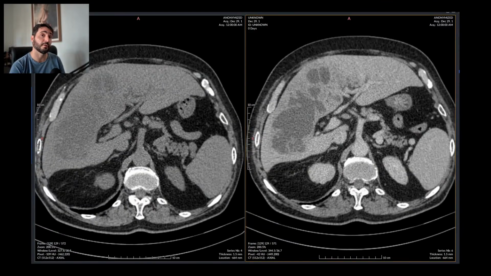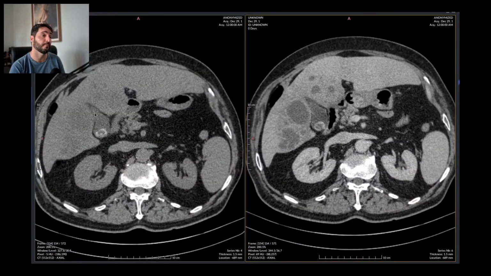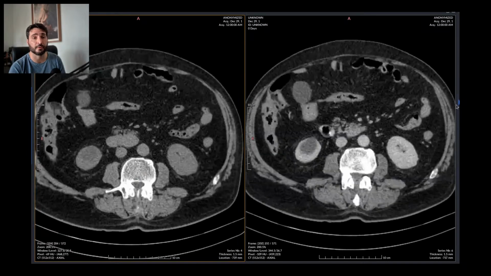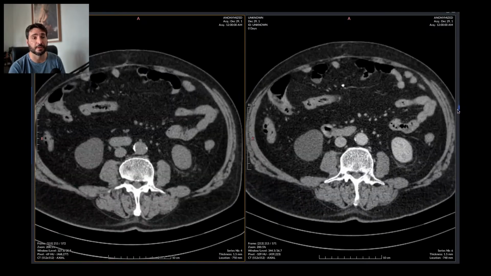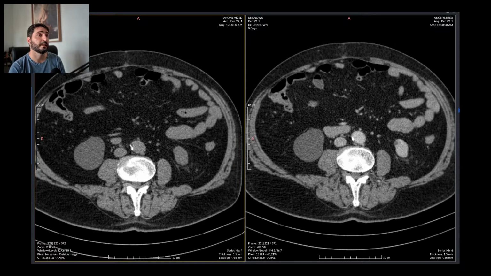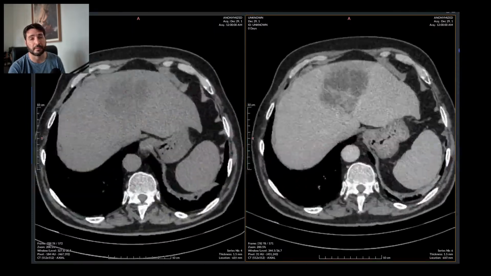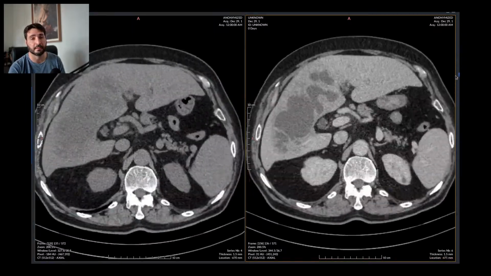As a bonus, we can see right here the gallbladder, and this is a large, partially calcified gallbladder stone. It's over 21 millimeters in size. Also, we see a bunch of simple kidney cysts, renal cysts.